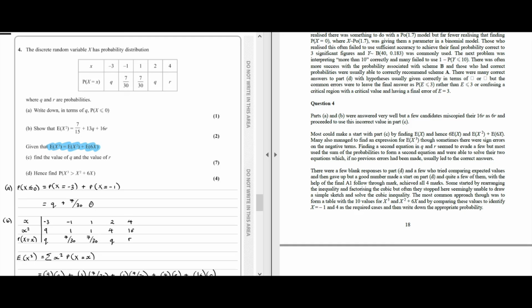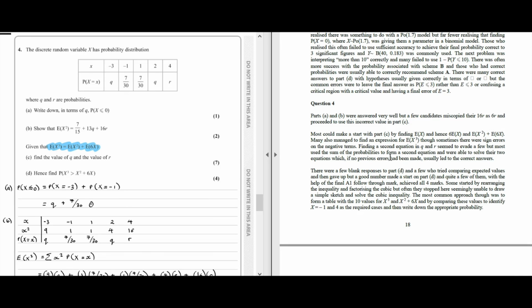Question 4 of the paper, parts A and B were answered quite well, but a few candidates miscopied their 16R as 6R and proceeded to use this incorrect value in part C. For part C of the question, where we have to find the values of Q and R, many made a start by finding the expected value of x and then 6 times the expected value of x, and this bit over here they found from this bit.